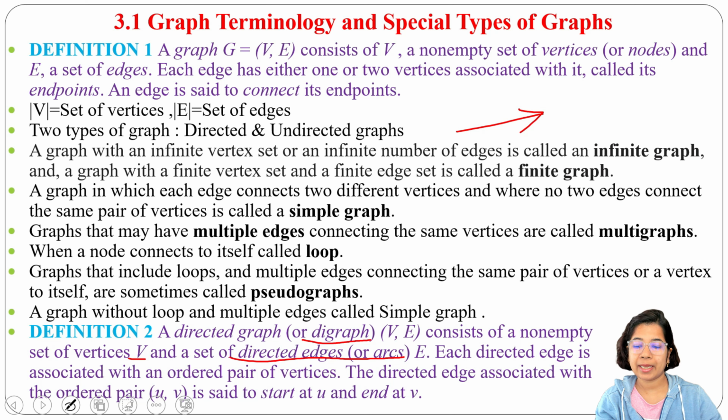Each directed edge is associated with an ordered pair of vertices. The directed edge associated with the ordered pair (u, v) is said to start with u and end with v. Suppose this is u, this is v. We can say this edge starts with u and ends with v. So u is the starting point and v is the ending point. Or we can say u is the initial vertex and v is the terminal vertex.